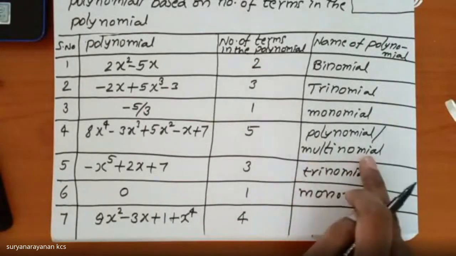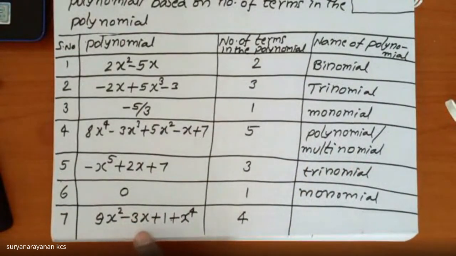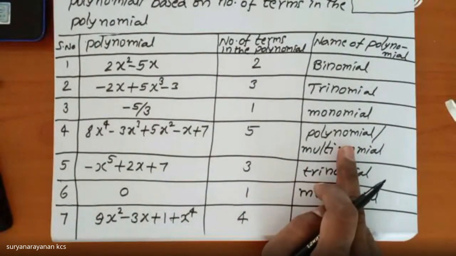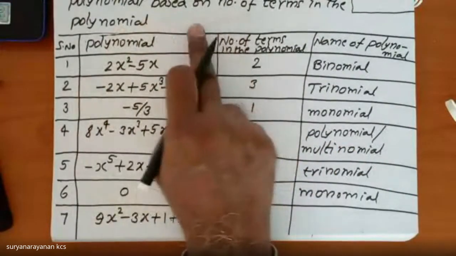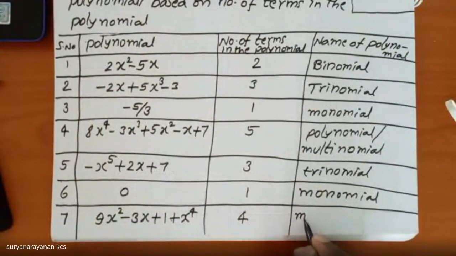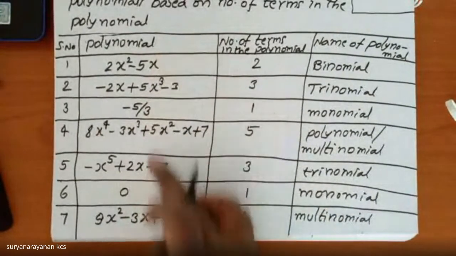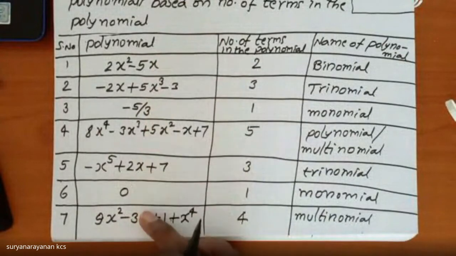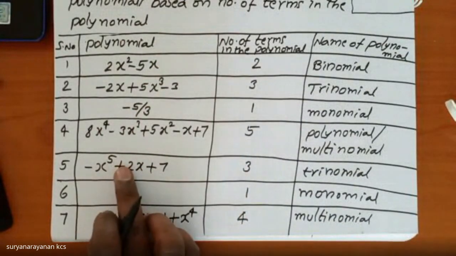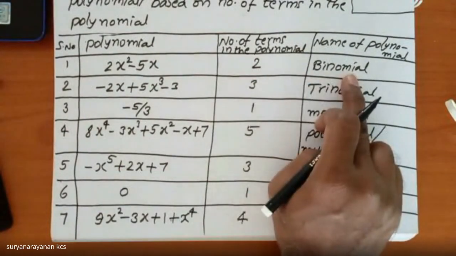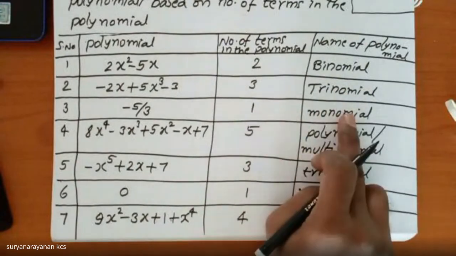Especially this word, we can use based on the number of terms. The polynomial is classified based on the number of terms. So it is called multinomial. All these are polynomials only. All these algebraic expressions are polynomials. But based on the number of terms, we are giving a particular name: binomial, trinomial, monomial.